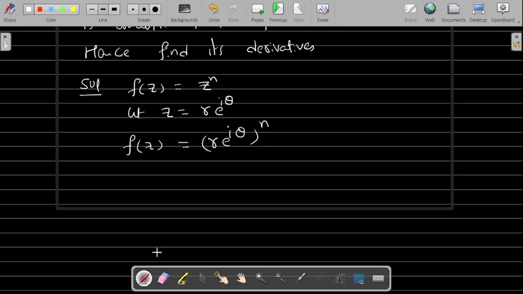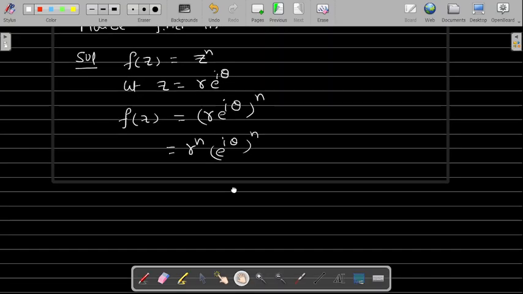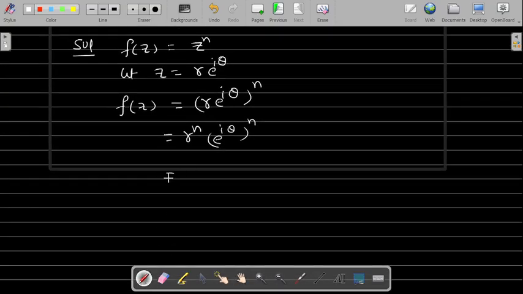Separate the powers: r power n into e power i theta whole power n. For example, a power m whole power n is a power mn. So e power i theta whole power n is e power i n theta.